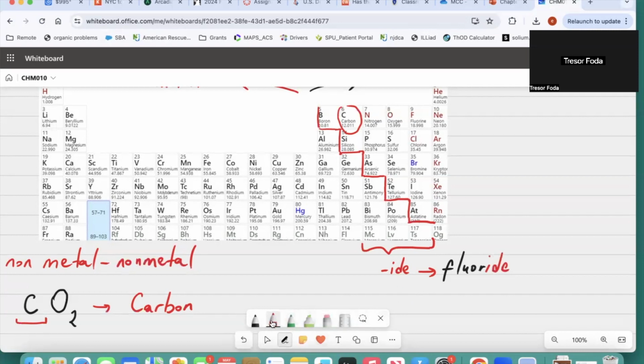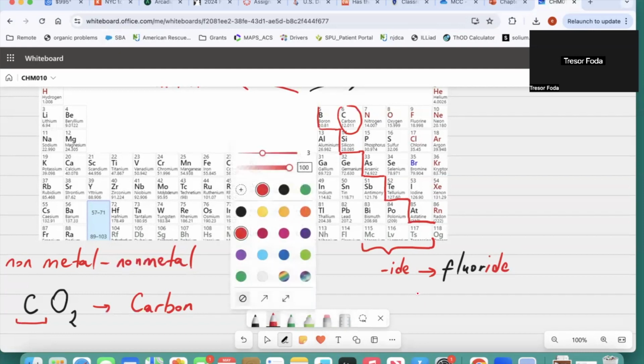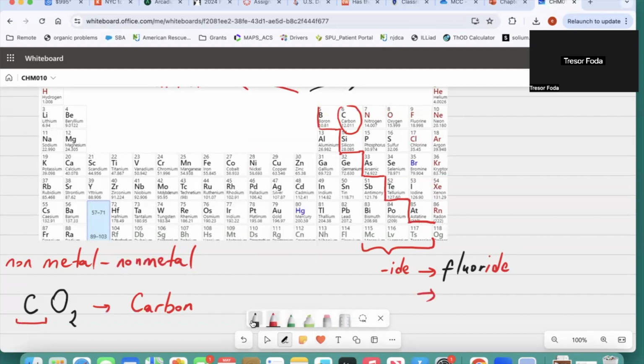Same thing if it's, for instance, oxygen. We are going to drop the last letters at the end and add I, D, E. Oxide. If it's nitrogen, it's going to be nitride.